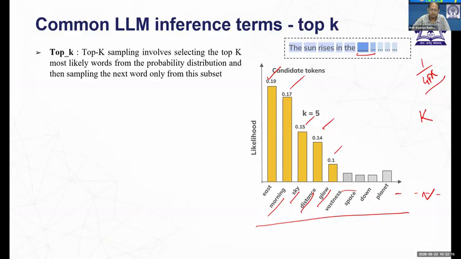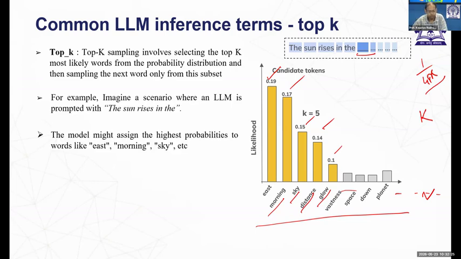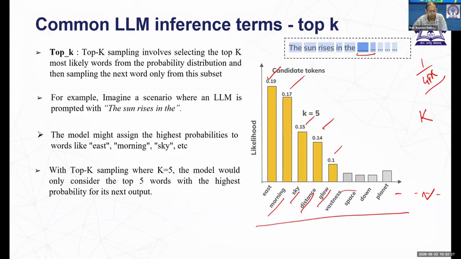Now the question is, when I have to sample the next word, how am I going to sample? With top k sampling, where k is equal to 5, the model would only consider the top 5 words with the highest probability for its next output. So out of this entire vocabulary of about 40k, the model is going to sample from 5 words.